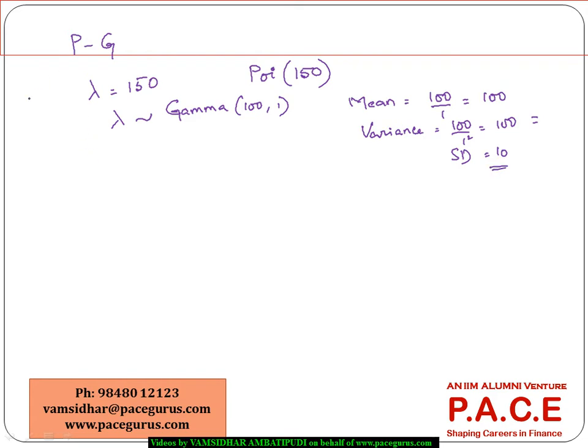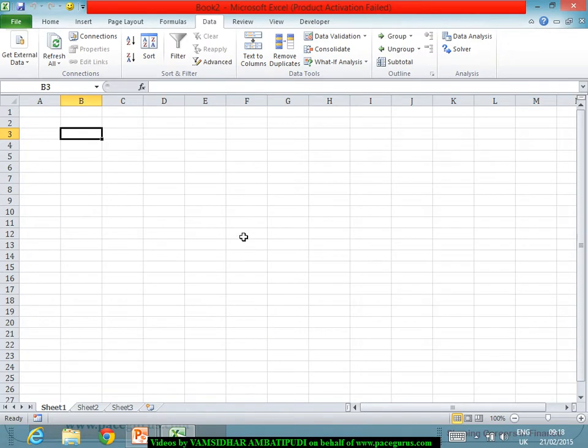Now, this is the prior. Now, let's go with the actual number of claims. Let's say I've got the data for the last 10 years. I'm looking at the actual number of claims.